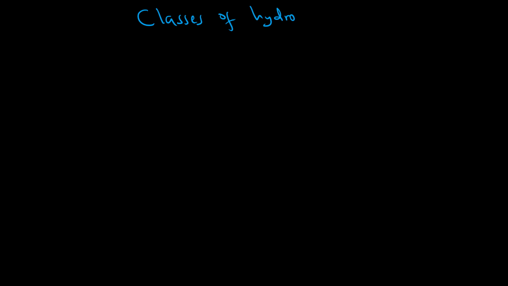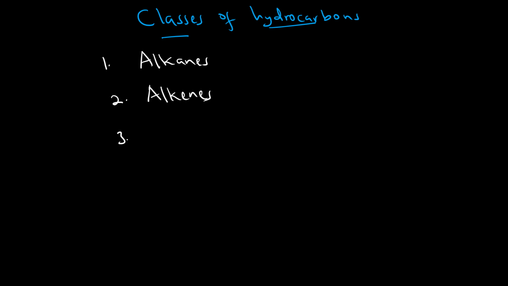Just like you hear the word class, usually classes have something in common, and in this case we shall be having the following. We shall start with the alkanes. We also have alkenes, and lastly we have alkynes.